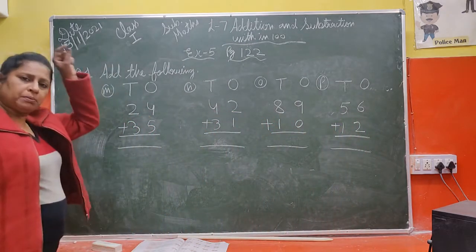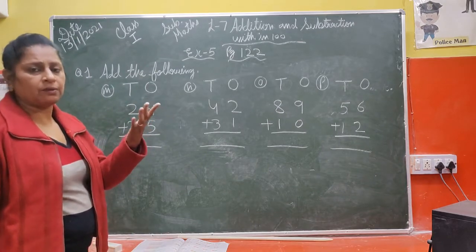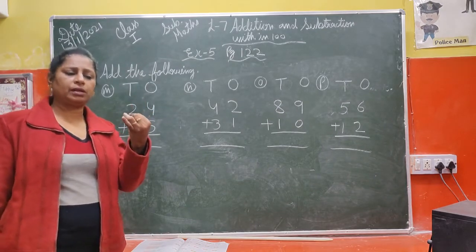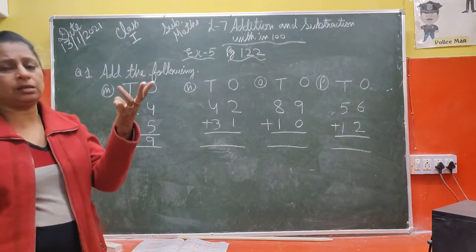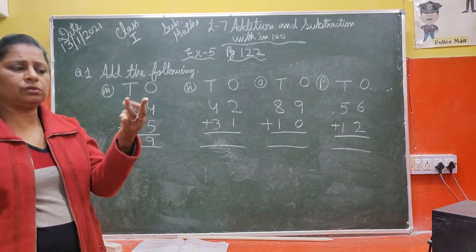So 4 in my mind and 5 in my finger. After 4, 5, 6, 7, 8, 9. 2 in my mind and 3 in my finger. After 2, 3, 4, 5.